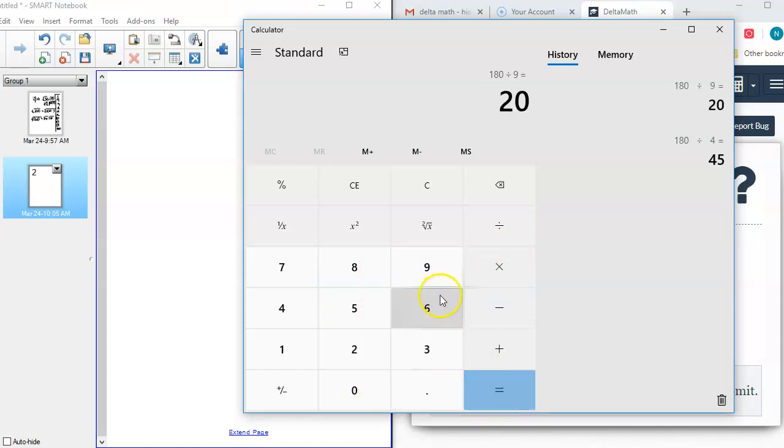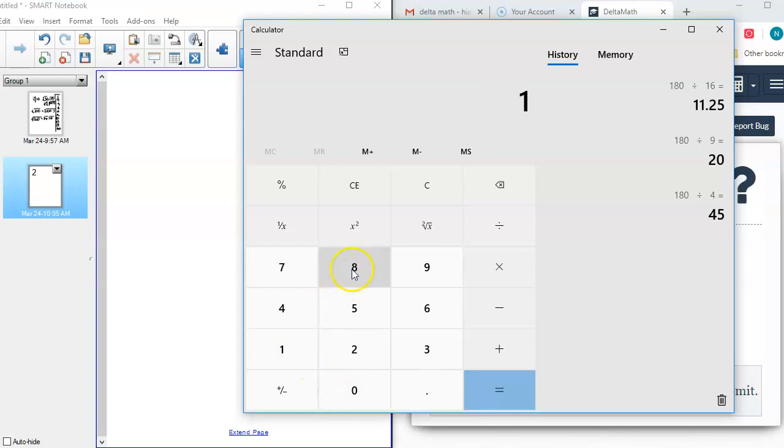There might be a bigger number, so let's keep checking. If we do 180 divided by 16, oh wait, 180 divided by 16. Okay, that does not work.